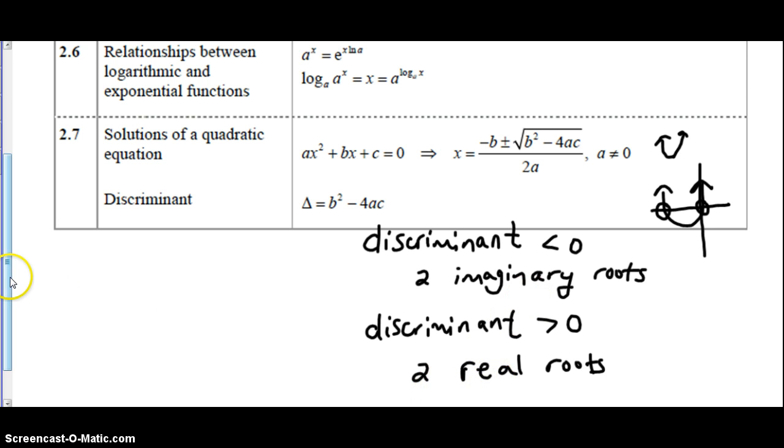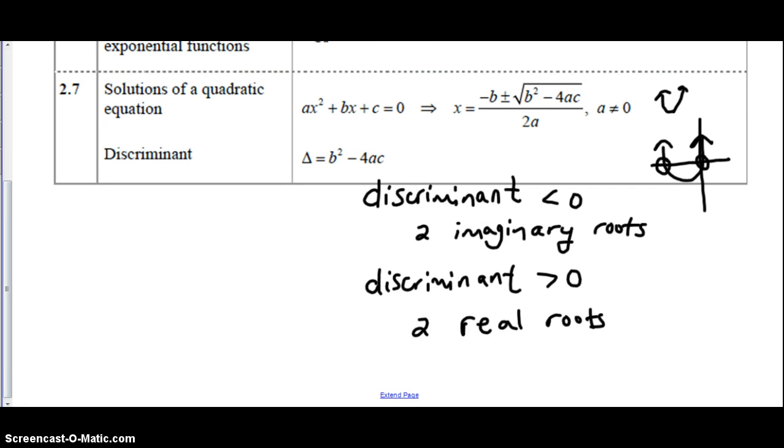And lastly, if your discriminant is equal to 0, then this portion under the square root is 0 and it's gone. So you end up having only one real root. And if you remember from Algebra 2, that was called a double root.